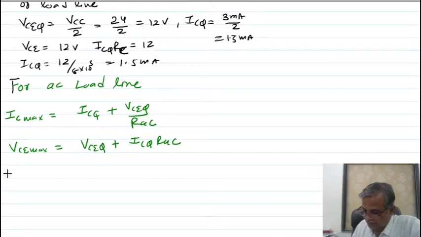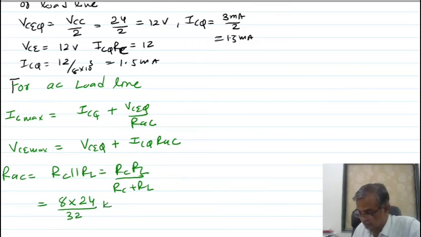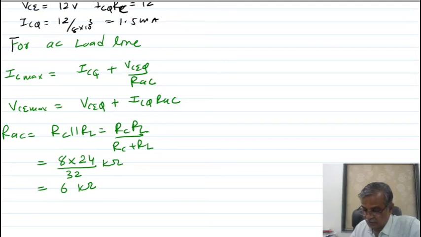So first I have to find RAC. What is RAC? RC parallel RL, RC into RL upon RC plus RL. RC is 8 kilo ohm, RL is 24 kilo ohm, this is 32, kilo ohm, so this is 6 kilo ohm. So RAC I have calculated.